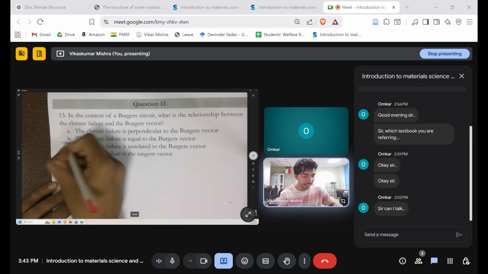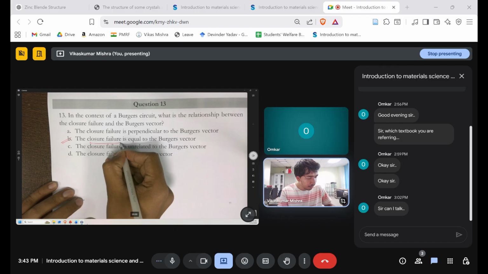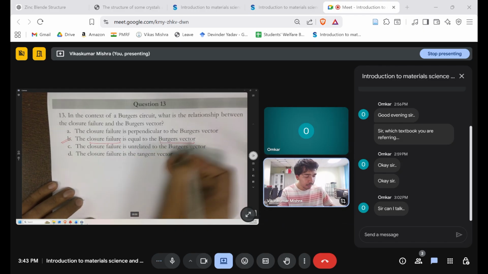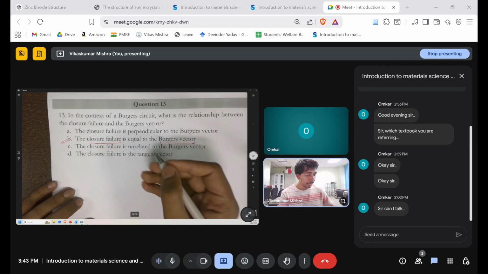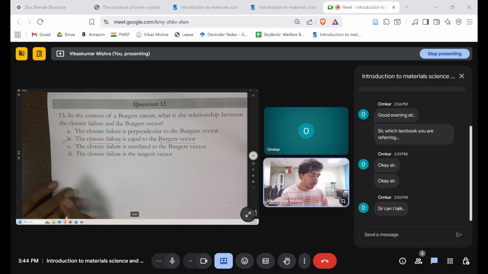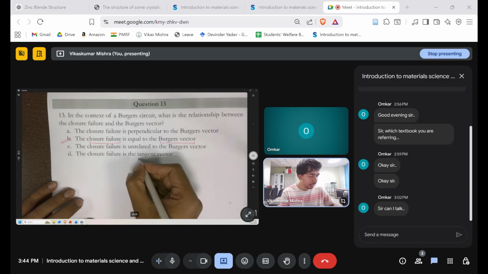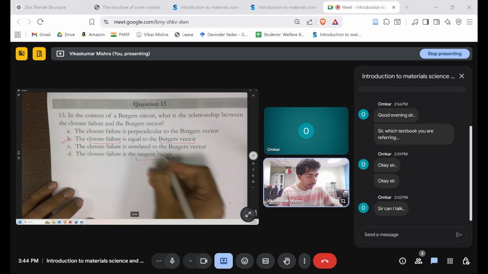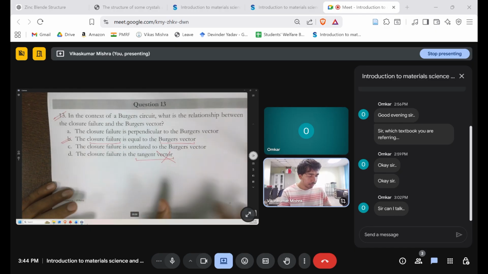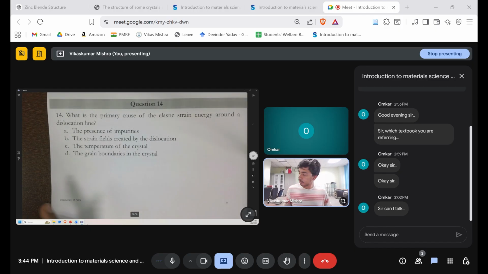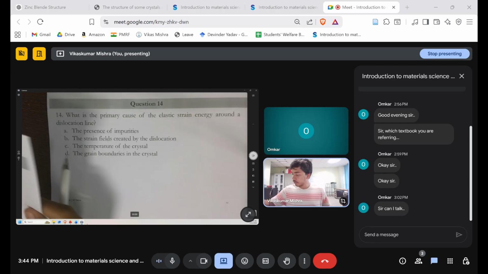Great. The closure failure is nothing but the Burgers vector itself. So it also tells about the magnitude and the direction of this particular Burgers vector, not the tangent vector. So with that, we'll solve this 13th. Most of the answers I'm keeping B only. I think I should change later on.